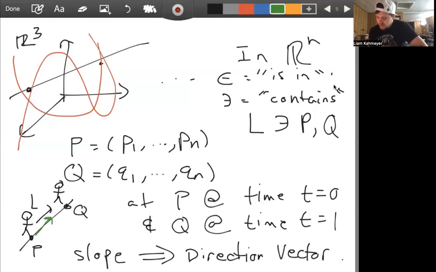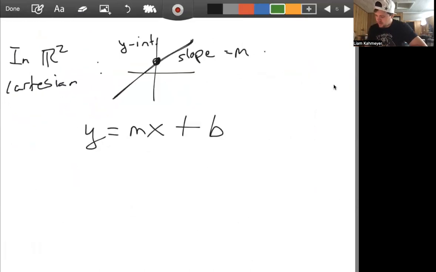And we can find this direction vector by finding the vector between P and Q, right? That certainly lies along the line L. And so what we're looking at here to generalize, so here's our equation for the line.